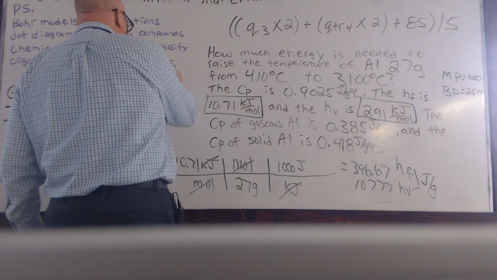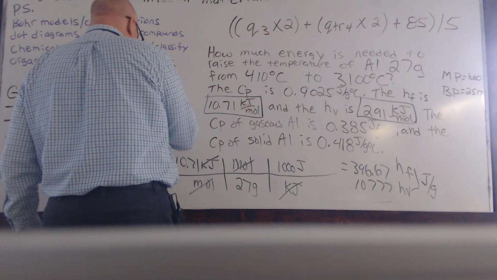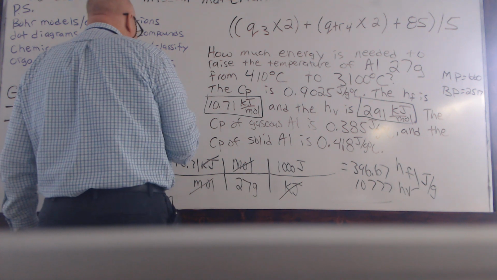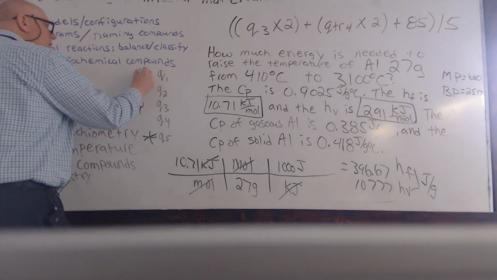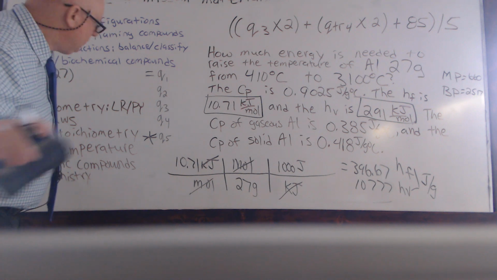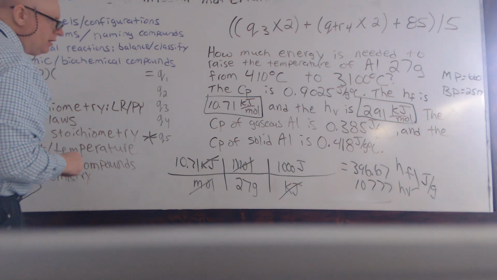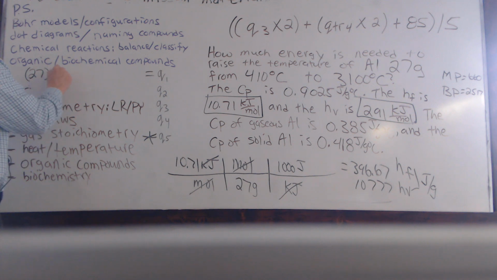That's where your Q1, Q2, Q3, Q4, Q5 come from. So we've got 27 times the specific heat for solid, which looks like 0.418.